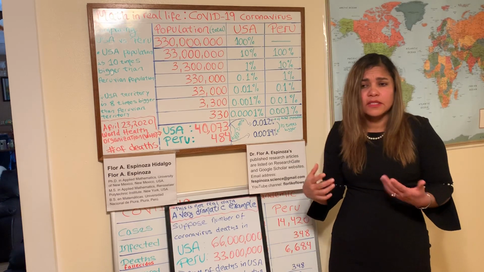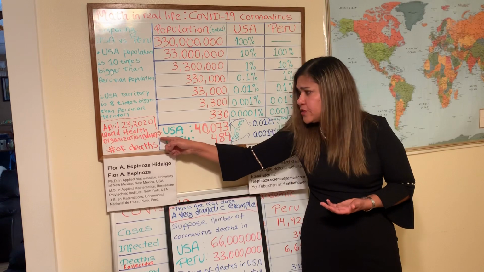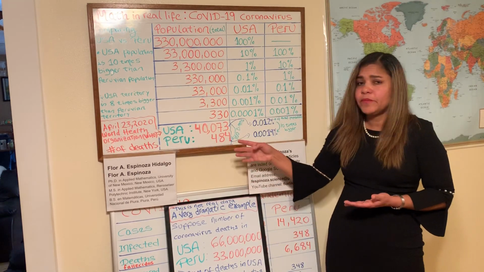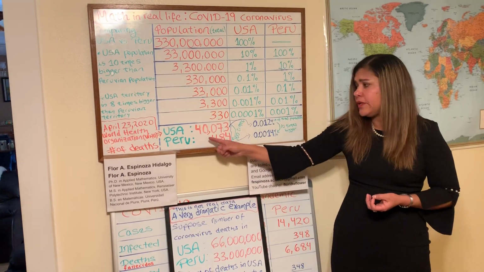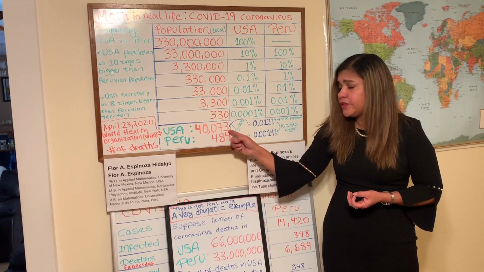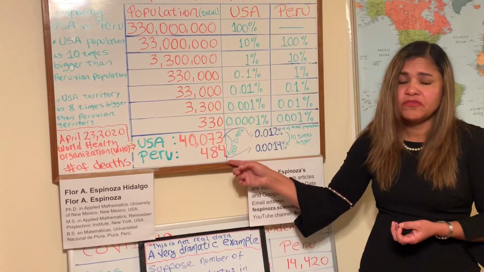Now, as of today, the World Health Organization, WHO, is showing the number of deaths reported by the United States and Peru. The United States reports 40,073 deaths, while Peru is reporting 484.